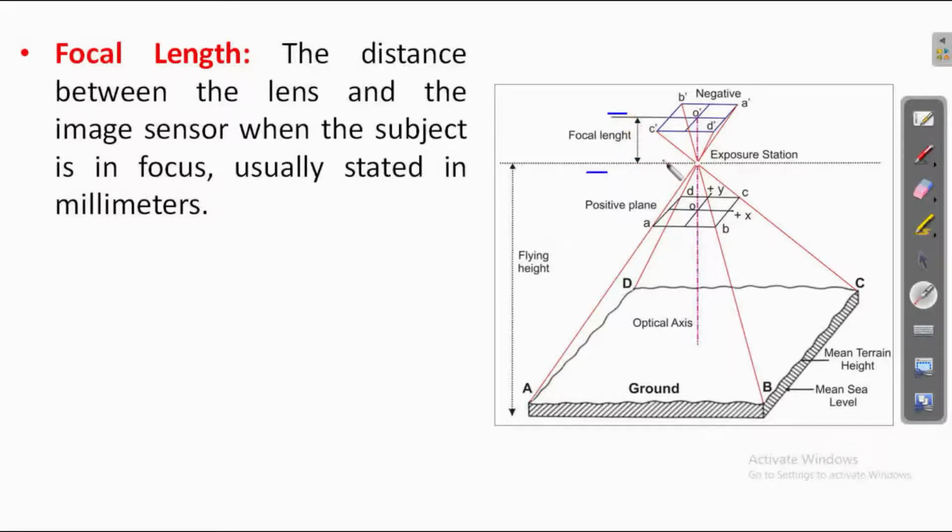Typical focal lengths used are 90 millimeter, 152 millimeter and 210 millimeter. 152 millimeter is the most commonly used focal length. The longer focal length covers more detail of the area. Focal length is important in photogrammetry. The clarity and quality of any photograph depend on the focal length.